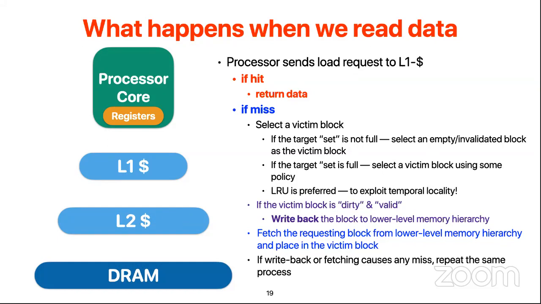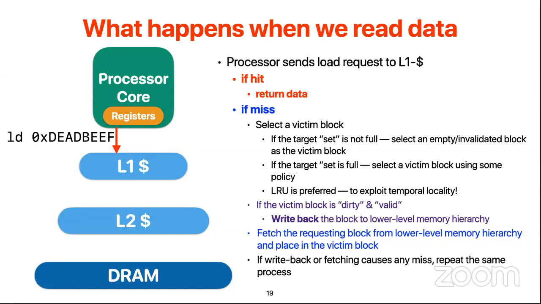If you want to read data, the processor would do the instruction code load. Let's say I have a load word, and then the cache receives that and looks up whether the block containing your requested word is indeed in the cache or not.